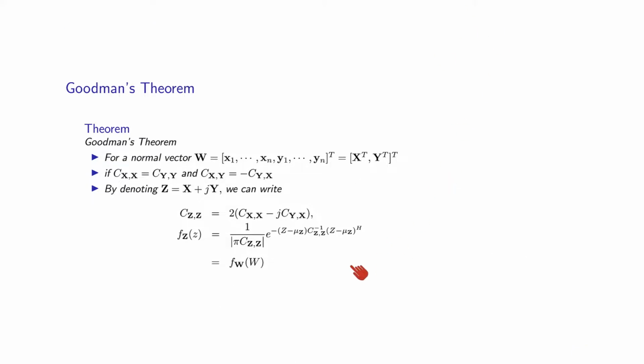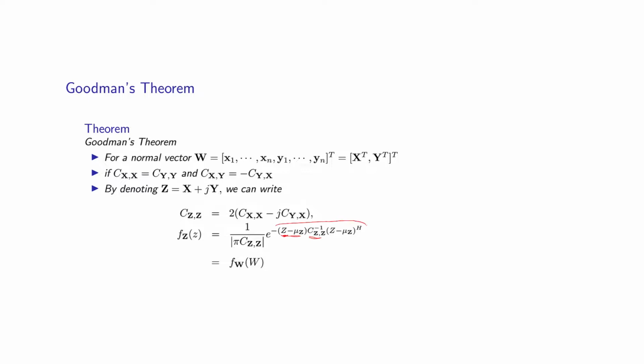The distribution that we have had before can be written in terms of complex valued quantities. This is a complex valued number, and this mean could be a complex vector. This is a covariance matrix which has complex entries. Of course, all its eigenvalues are non-negative. It has all the properties of a covariance matrix.